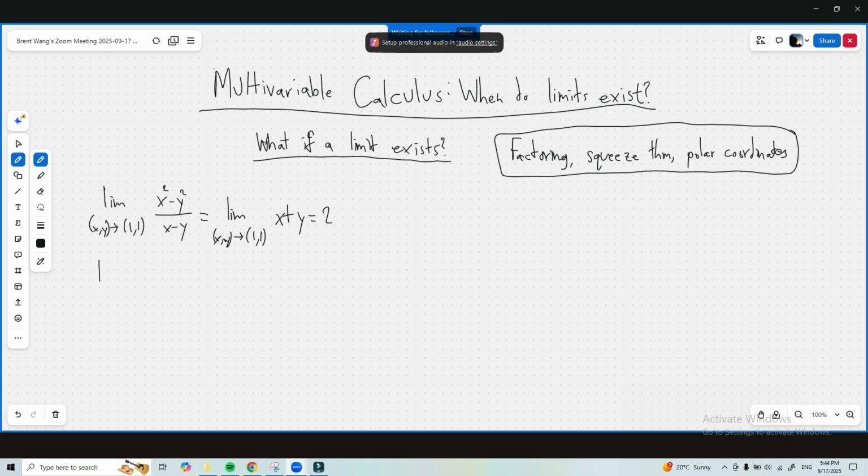The second example is the limit as (x, y) goes to (2, 1) of (x squared y minus 4y) over (x minus 2). And you can also factor it out like this. Let's go to the numerator.